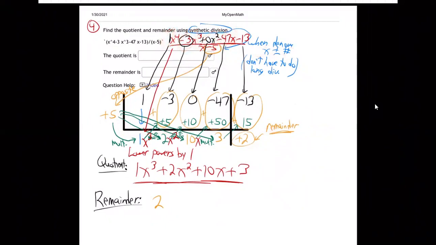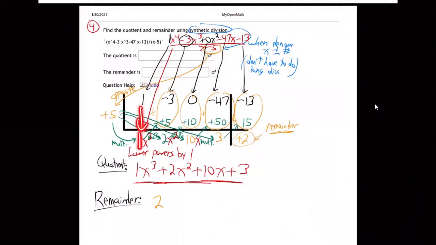And if any terms are missing, it's got to be a 0. So we had x to the fourth, x to the third, and then we skipped x squared, went down to regular x and plain numbers. So that x squared is missing, it's a 0. You can put a bar over the last spot if you want to help you remember. It's separate. It's the remainder. It's not part of the quotient answer.